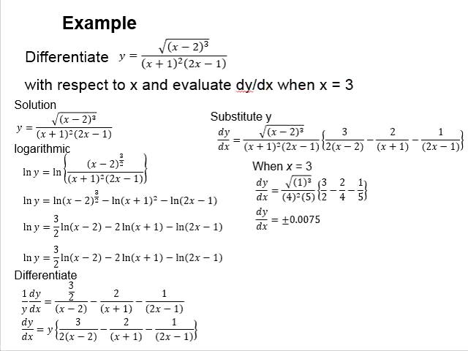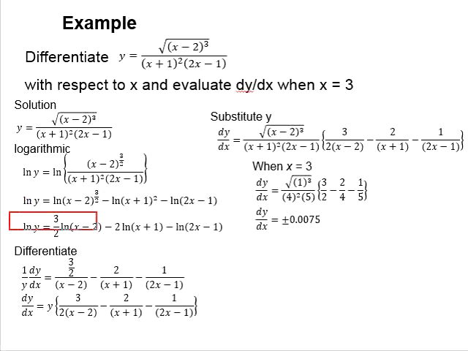So what you're going to do here is you log the entire expression here, expand it using the law of log, where the divisions will appear as a negative. Bring forward the powers and differentiate the entire expression.